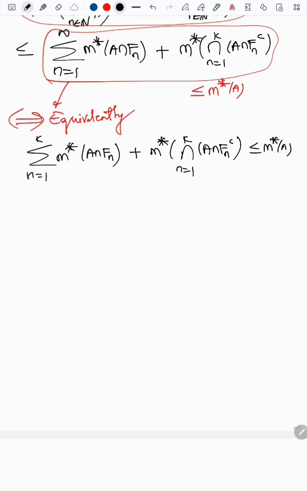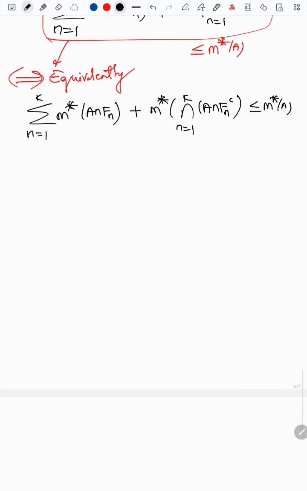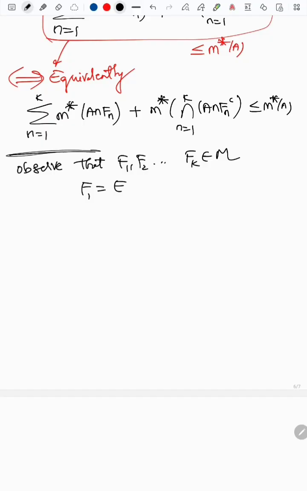Observe that here the finite case comes into the picture. Observe that F1, F2, and so on up to Fk belong to M, since each F1 is equal to E1 and F2 is equal to E2 minus E1. In the last video we proved all this.